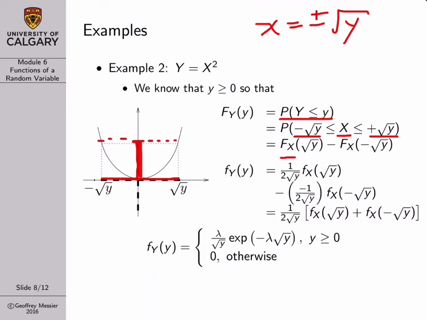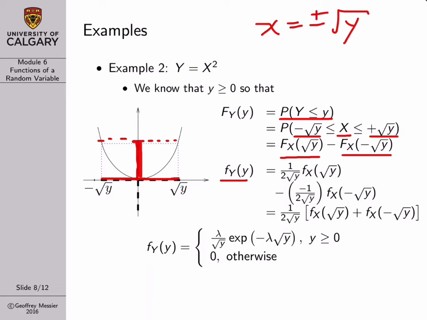So this is just equal to the CDF with argument positive root y minus the CDF with an argument negative root y. And so it doesn't matter if we have the CDF of x show up a couple of times here, we can still take the derivative and still proceed as we always have. So we take the derivative of this expression with respect to y in order to find our PDF, and then we just have 2 terms.